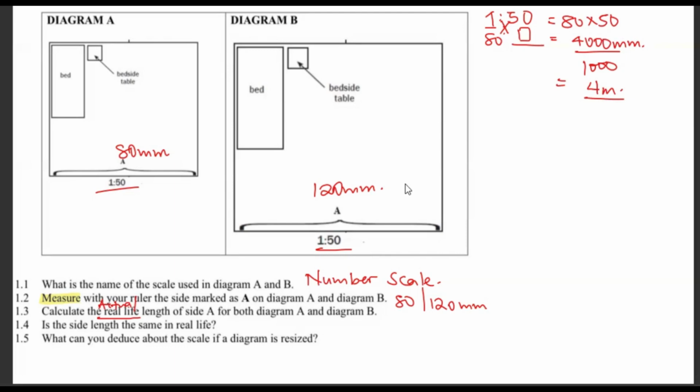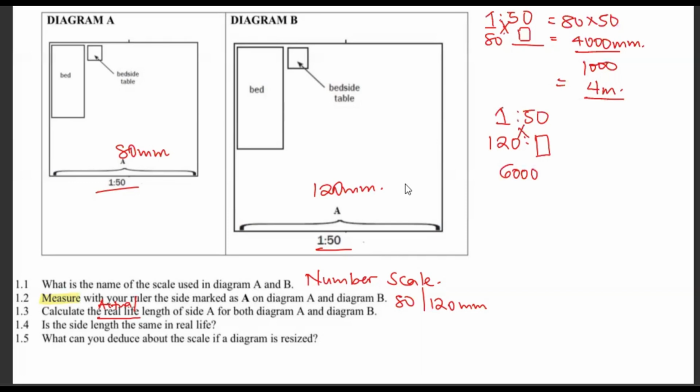For B, still the same story. We measured it as 120. When I multiply by 50, I end up having 6,000.